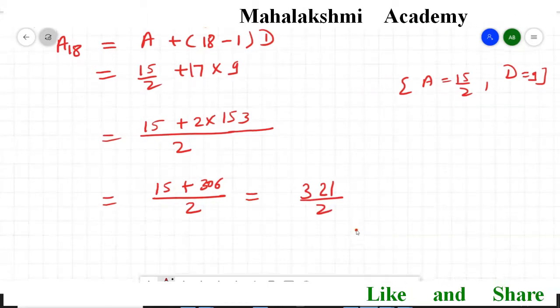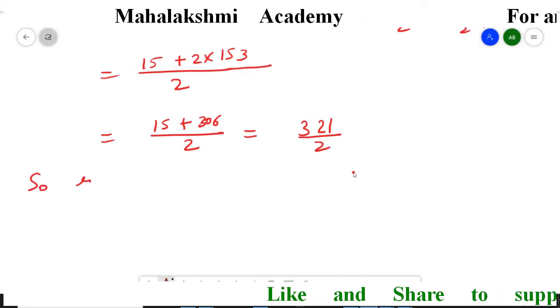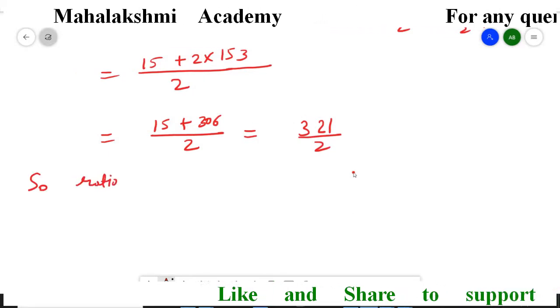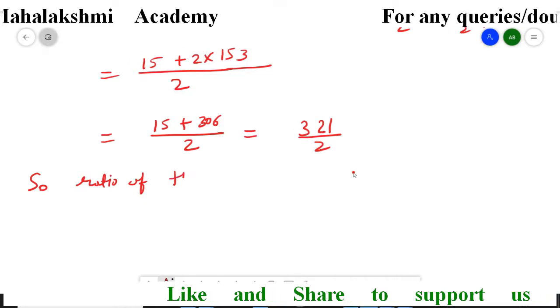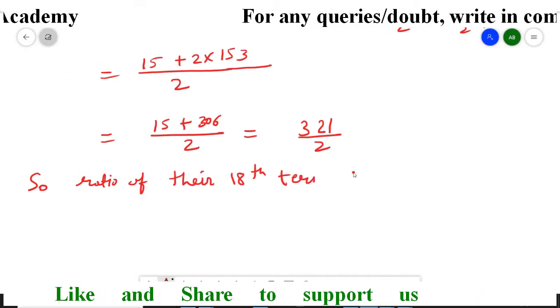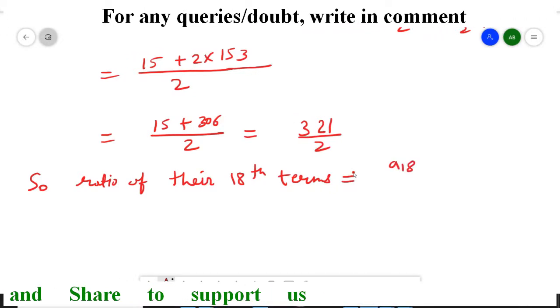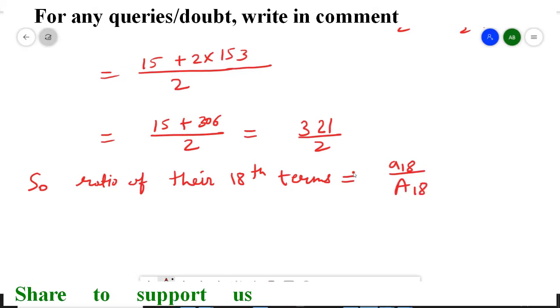Now we'll find out the ratio between the 18th terms. The ratio of their 18th terms is equal to small a18 upon capital A18.